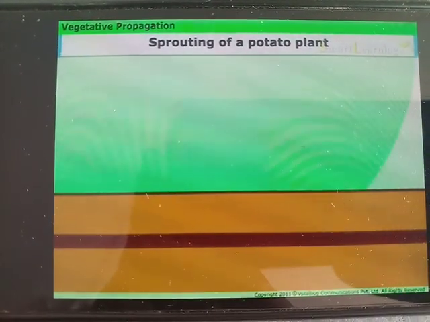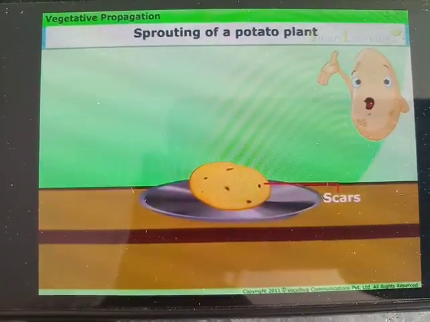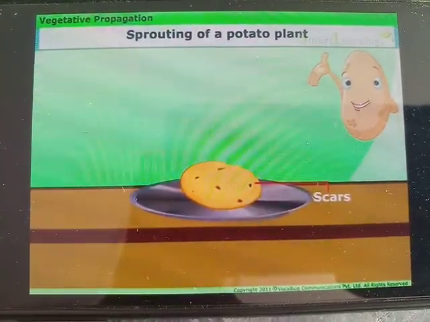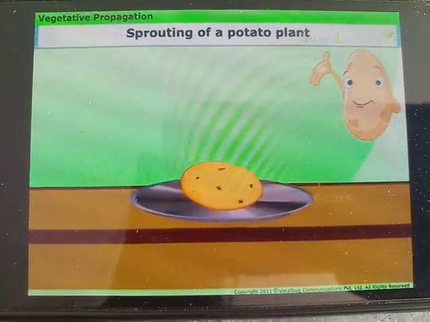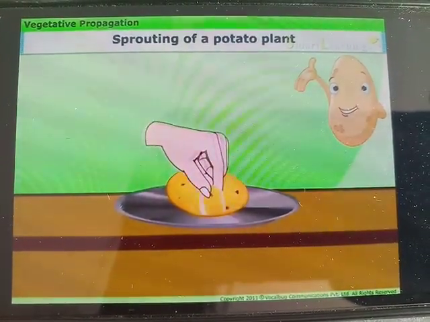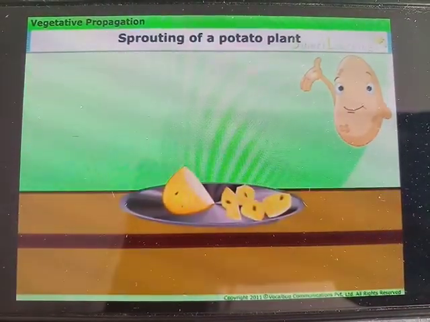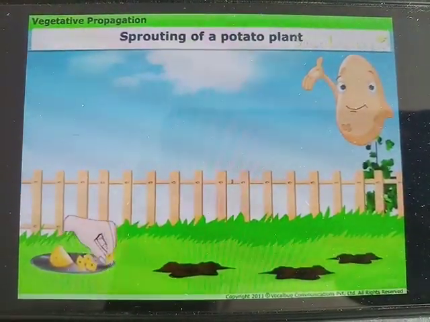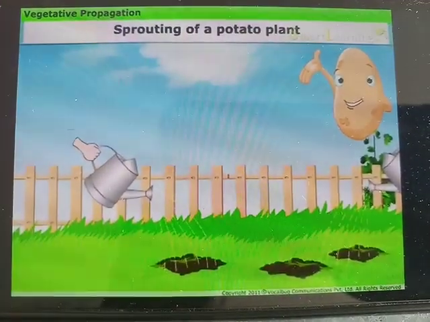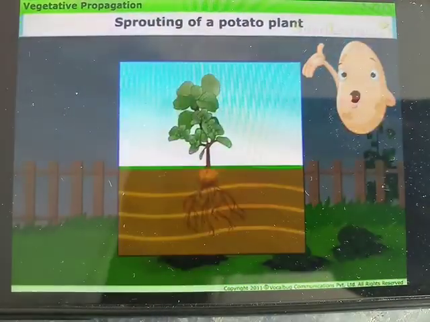Take another example, sprouting of a potato plant. The potato has sprouts, which are called scars, the eyes of the potato. When we cut the potato into a number of pieces, each piece consists of a scar or eye. When these eyes are buried in moist soil and we water them continuously, after a few days they give rise to a stem, leaves and fruits.